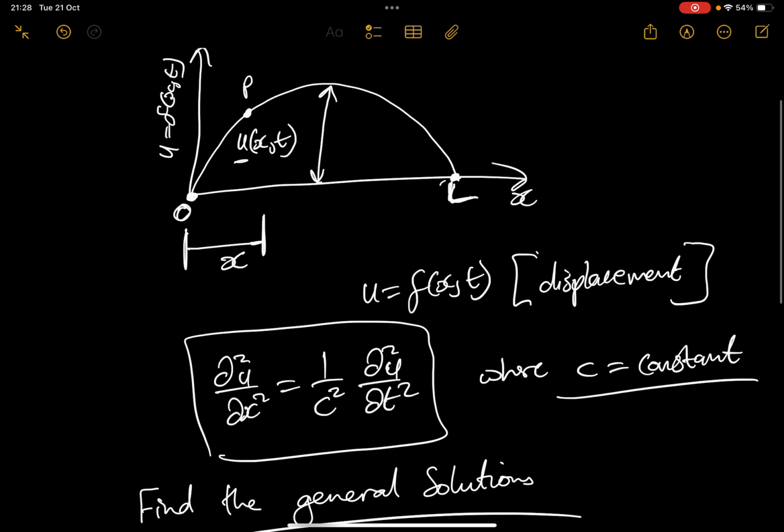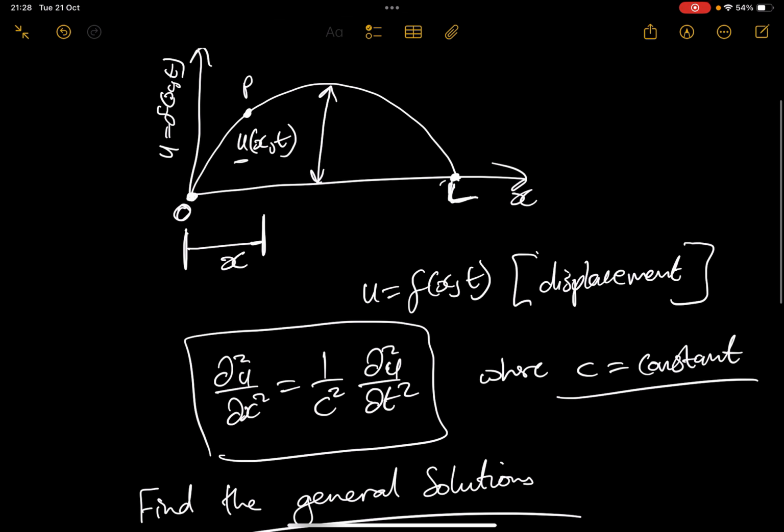If the roots of your auxiliary equation have two distinct values, you represent your general solution as an exponential: a e to the power root mu x plus b e to the power minus root mu x.